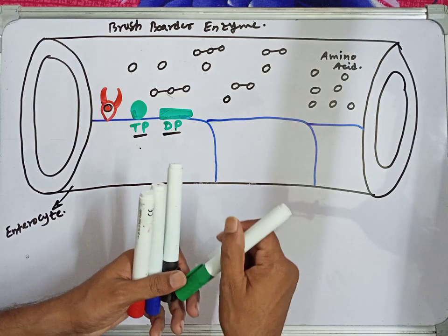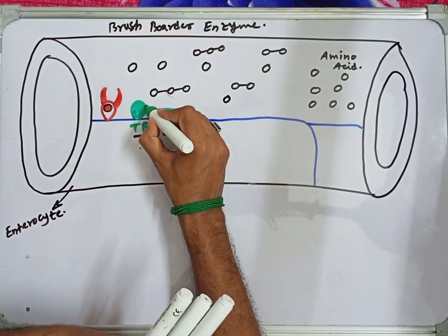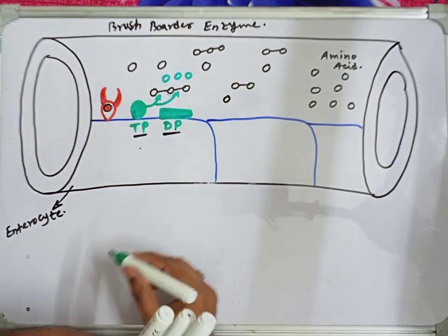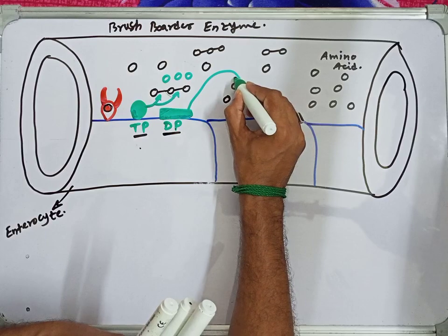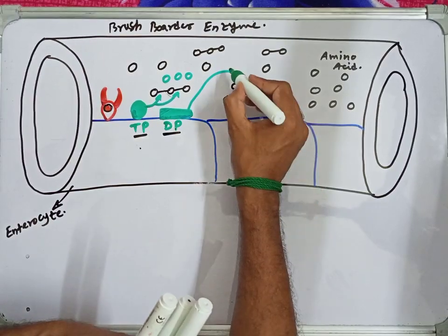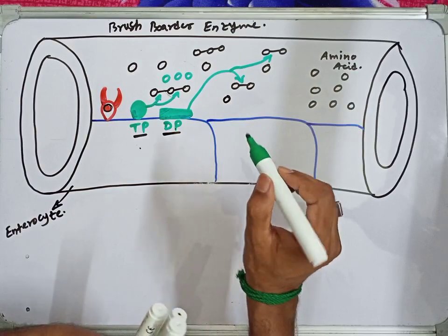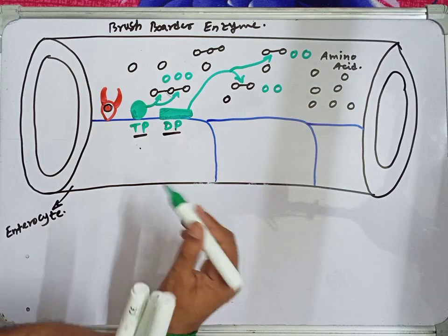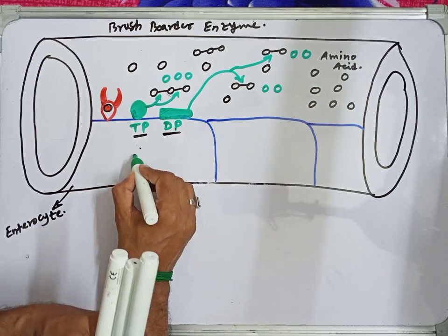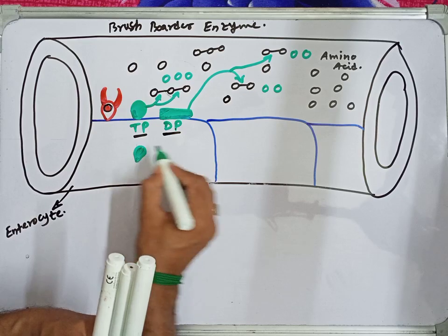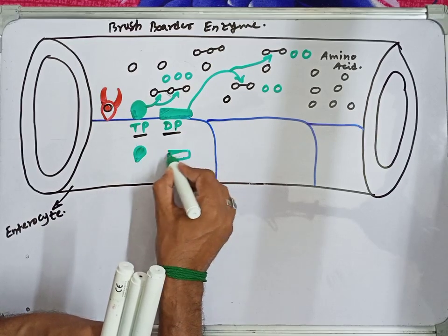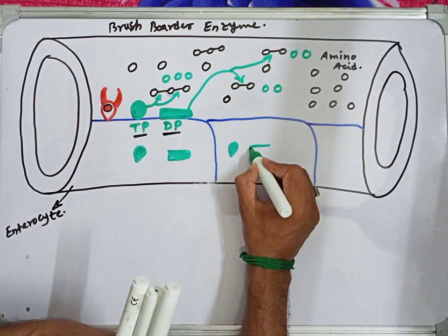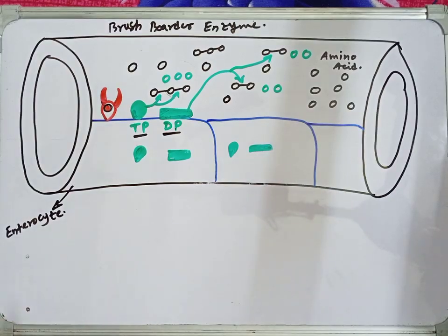Now this tripeptidase can attack this bond and again make free the amino acid, and this dipeptidase, not dipeptide, that is dipeptidase, can attack this dipeptide and again make free amino acids. And I also mentioned the enterocyte cell has its own dipeptidase as well as its own tripeptidase, right?